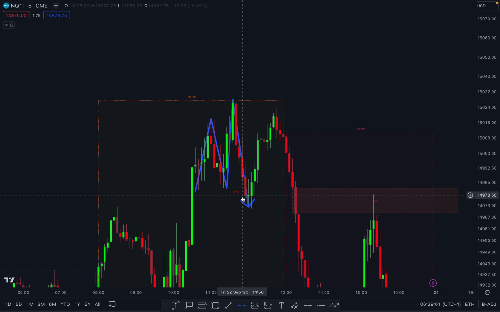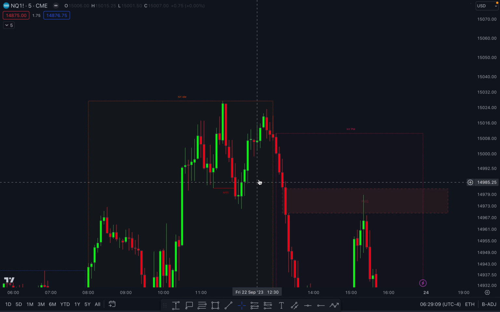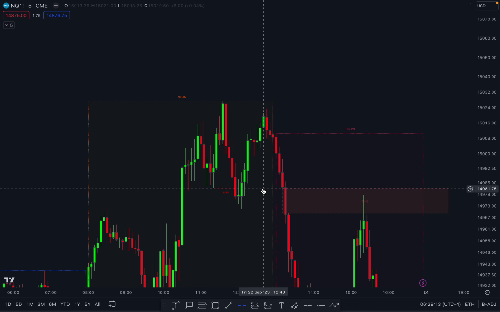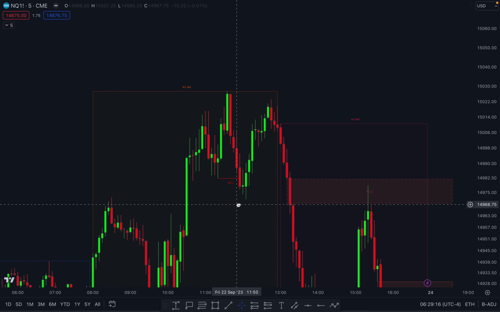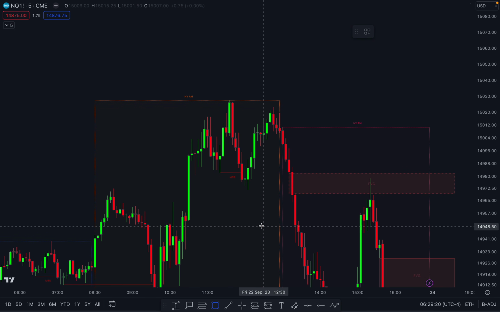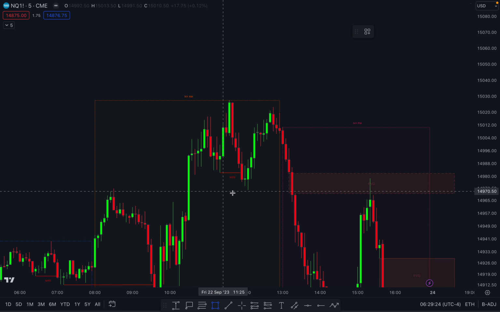So this MSS, whenever you see an MSS, you can look at the leg before it and look for a breaker block. So do we have any breaker block over here guys? Yes we do. Have a look guys, do we have any breaker blocks? Yes we do. I'll just give you a second to figure it out yourself.